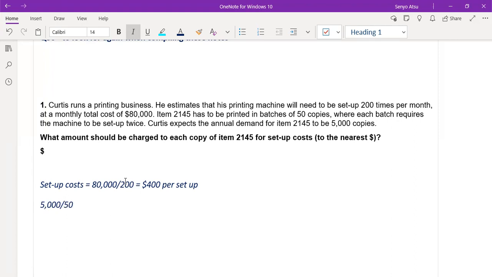Friends, we've come to meet the batches thing again, after doing Sweet Treats Bakery where the cakes were produced in batches. How many 50 copies are in 5,000 copies? 100.